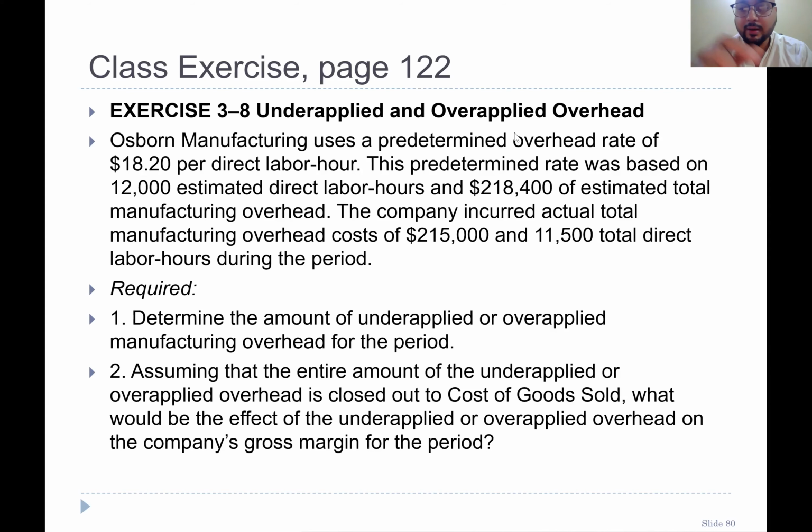Underapplied 5,700, right? Underapplied, which is underestimated. So it means our cost is reported less by 5,700, right? We should increase our cost with this 5,700. Are you following my point?